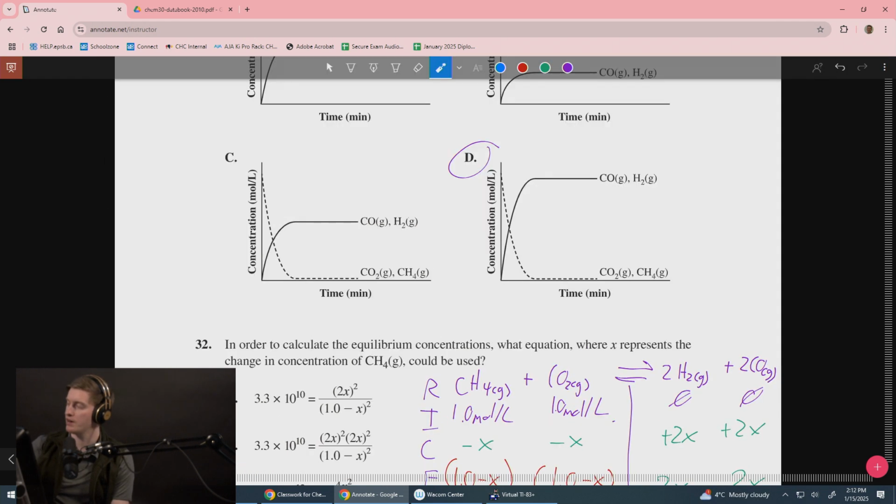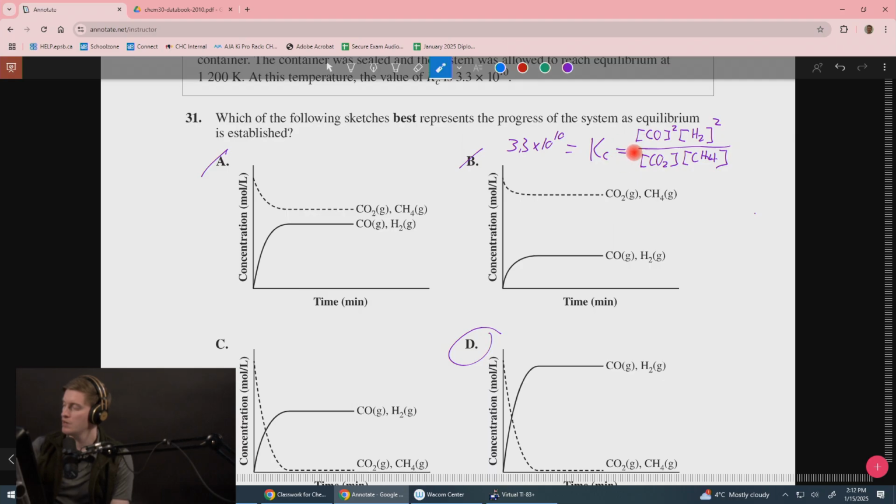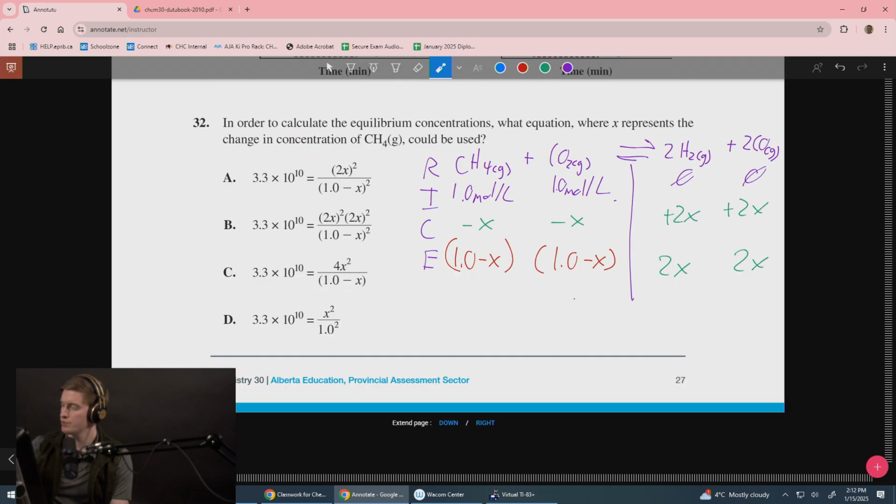If we look back at our equilibrium expression here, we can substitute in those equilibrium values into this Kc expression, and we already know that our Kc value is 3.3 times 10 to the 10. So we know that our expression is going to be 3.3 times 10 to the 10 is equal to, well, we'll put our concentration of our products on the top, which are each raised to the power of 2 because of their coefficient.